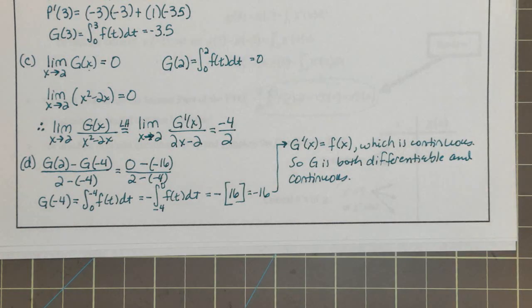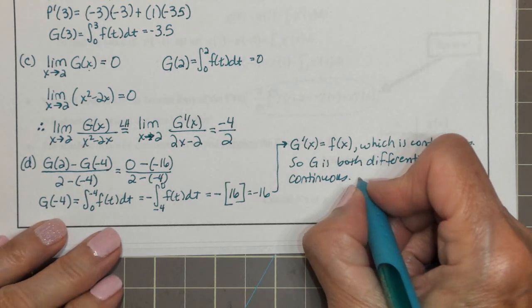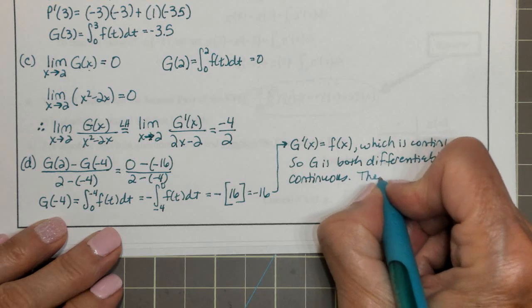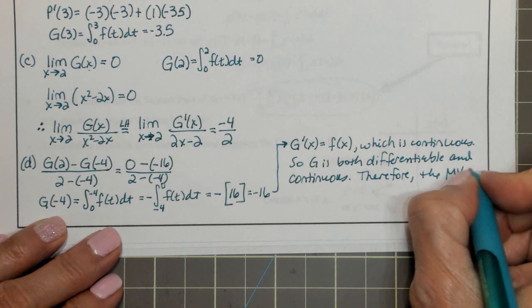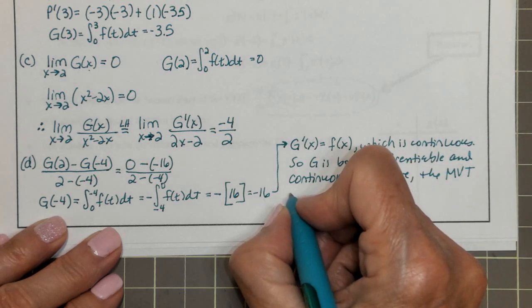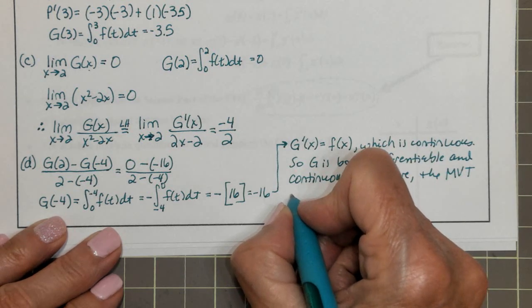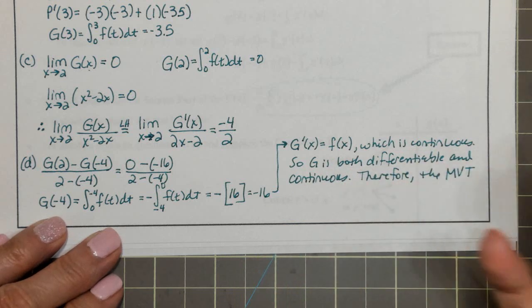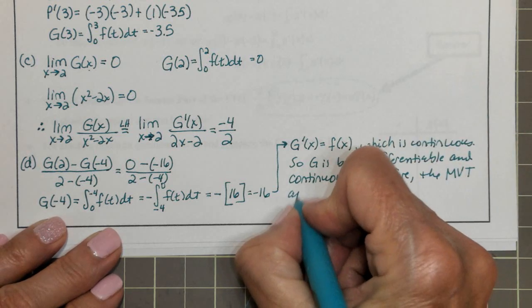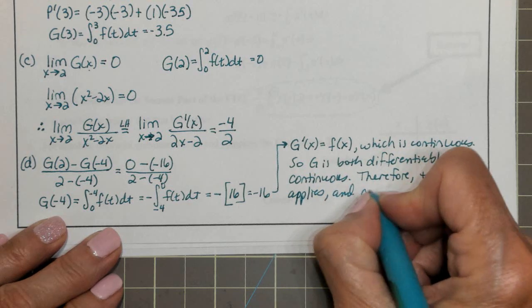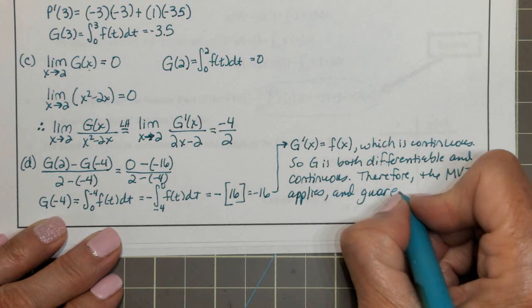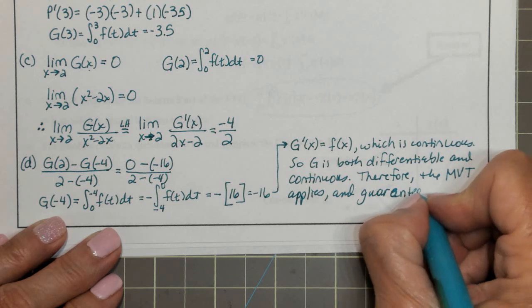Okay? Therefore, the mean value theorem works, is valid, applies, and guarantees. I'm kind of restating guarantees.